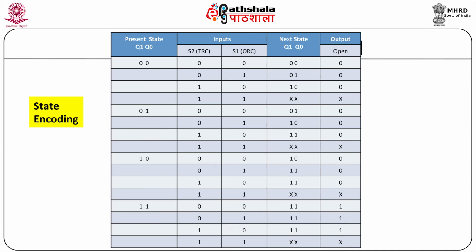Consider the following substitutions in the state table. 0R is equal to SA is equal to 00, 1R, that is state B, is equal to 01, 2R, SC, is equal to 10, and 3R, SD, is equal to 11. Note that this substitution is made not only in the present state but also in the next state.